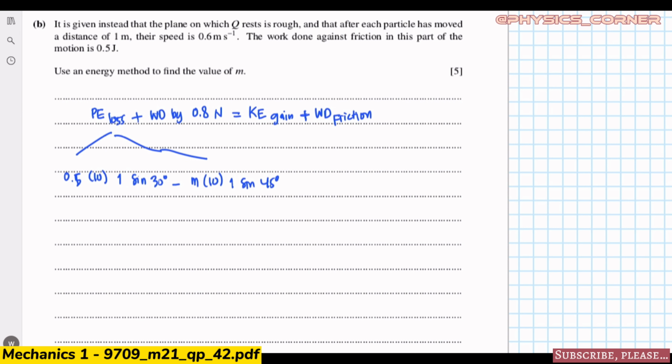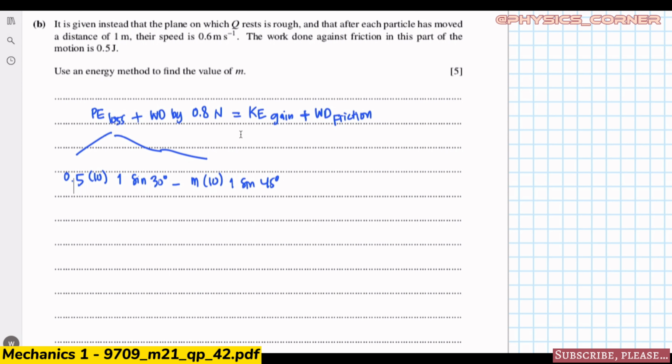This is the potential energy loss: potential energy on the mass 0.5, and this is potential energy on the mass m.